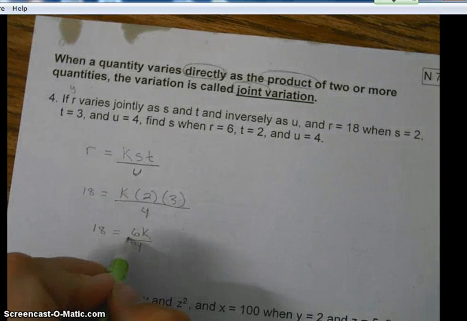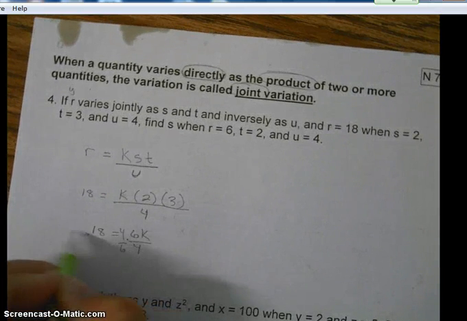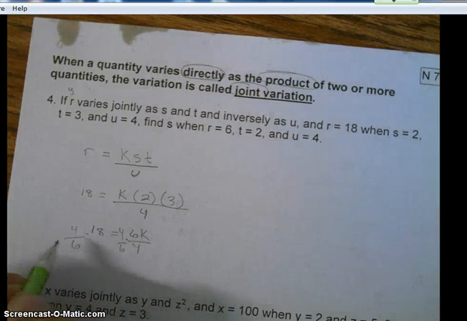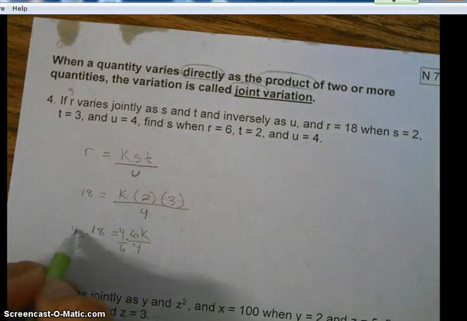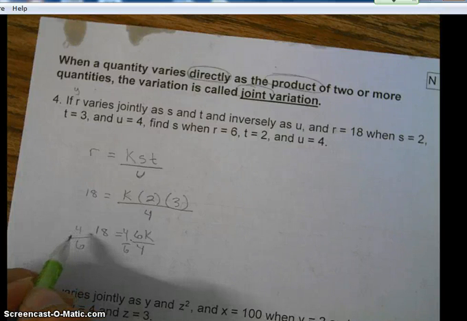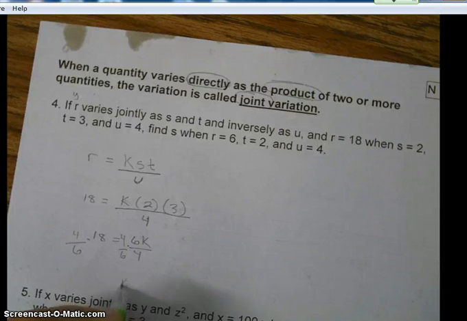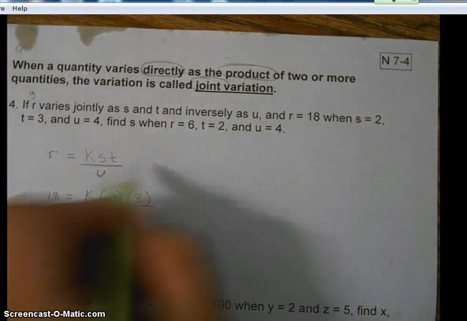And then multiplying by the reciprocal. So we have 18 times 4 divided by 6. And our constant of variation is 12. So based on that, we're going to rewrite the equation.